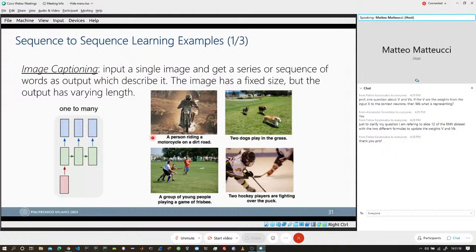So, for instance, you show the first picture and the network starts writing a person riding a motorcycle on a dirt road. Or for the one on the bottom right, where you input this image, the network will provide you as a sentence two hockey players are fighting over the puck.